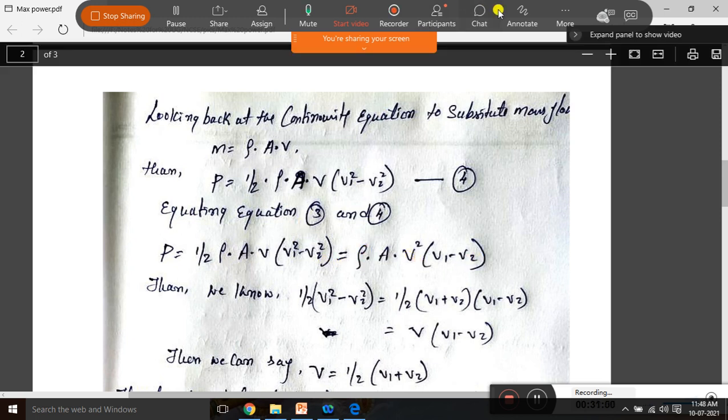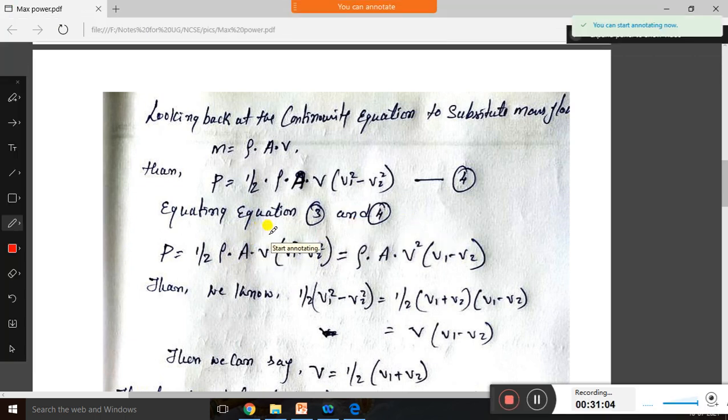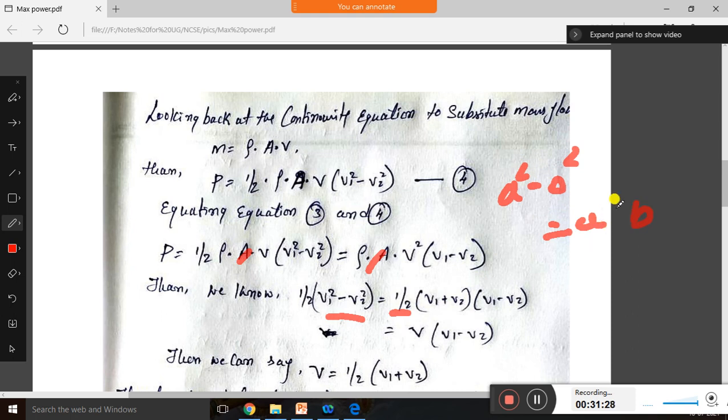So by comparing these and cancelling common terms, what remains is V1 squared minus V2 squared, which is a squared minus b squared, giving (a plus b)(a minus b), the same identity we use here.